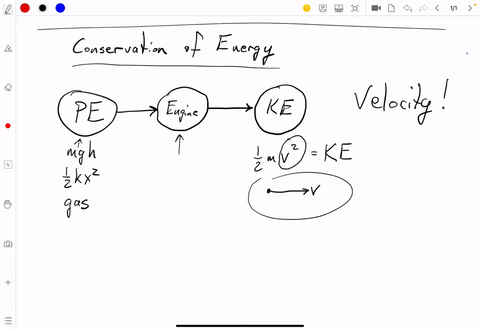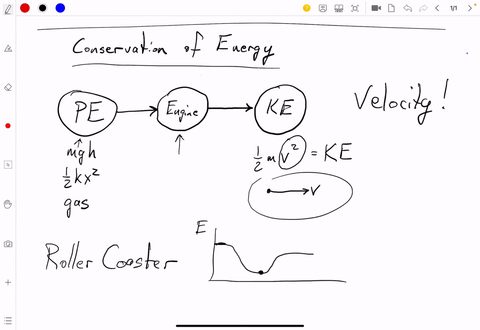Okay. So what can happen is we can have, like we did on the roller coaster, that's a great potential energy thing where we start off with this maximum potential energy and we end up, this is our minimum, this is somewhere in between, and here's our maximum.